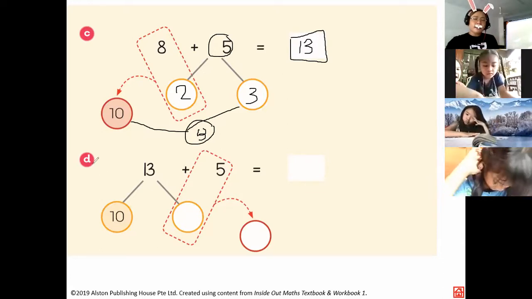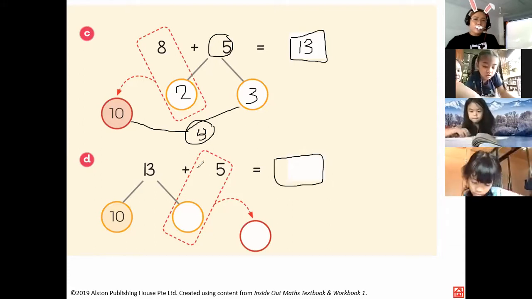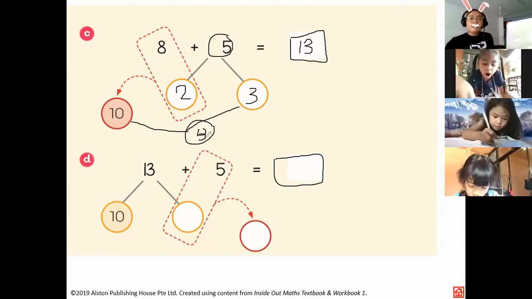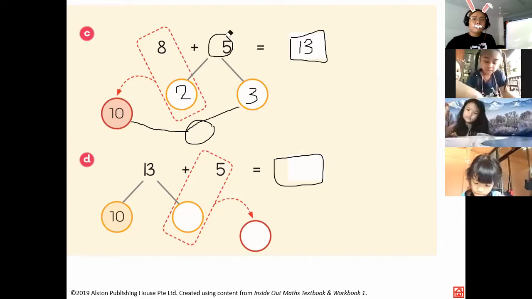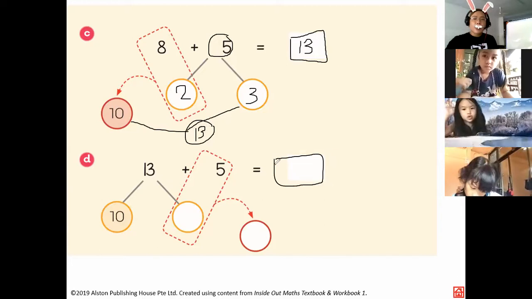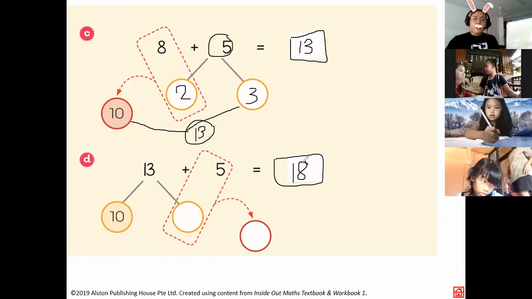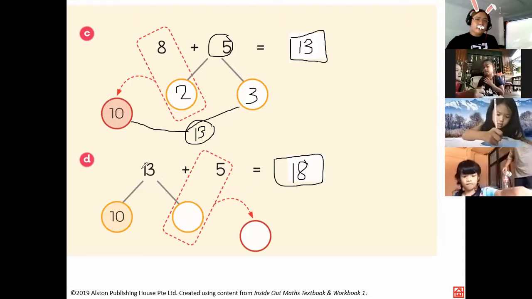Okay, next, letter D, we have 13 plus 5. 18. Very good. Now, what are the missing numbers here for us to get 13?